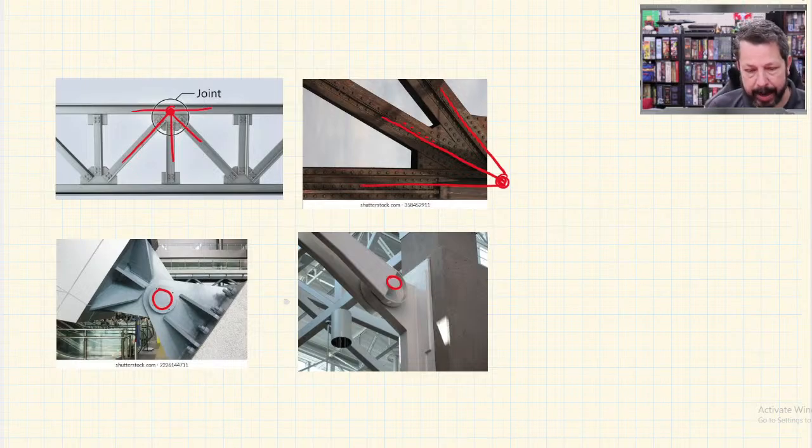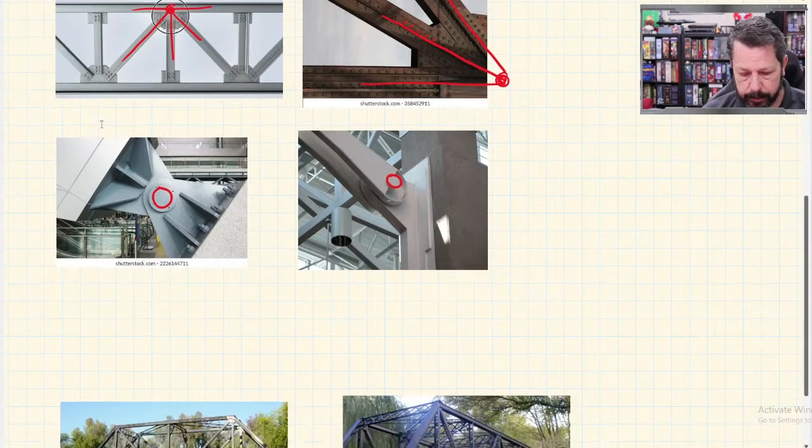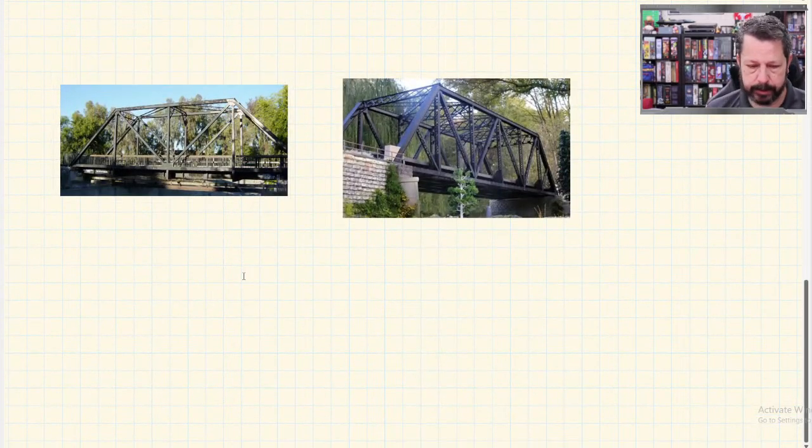We don't have to have an actual pin. We're just going to treat the joint like it's a pin, whether it's a real pin or one of these gusset plates with a whole bunch of members riveted or bolted to it or even welded to it. We're going to treat that like a frictionless pin. All right, so I went and got us two trusses here that we can work on.